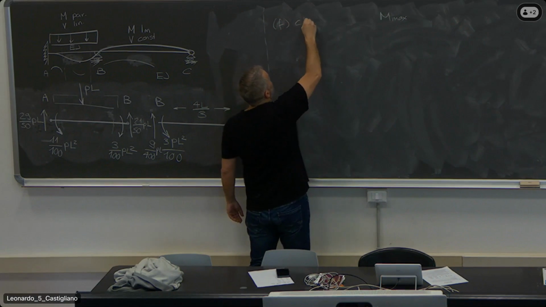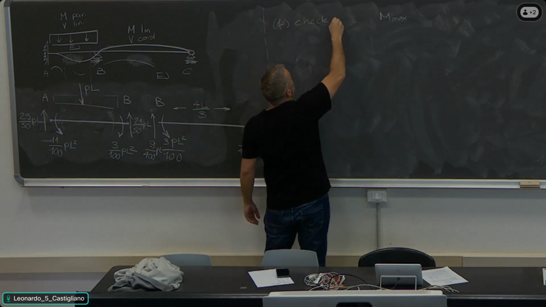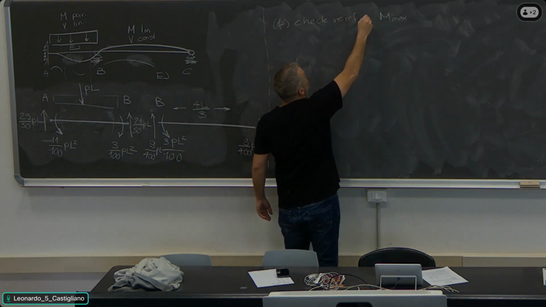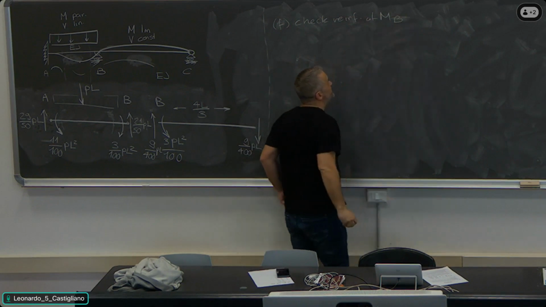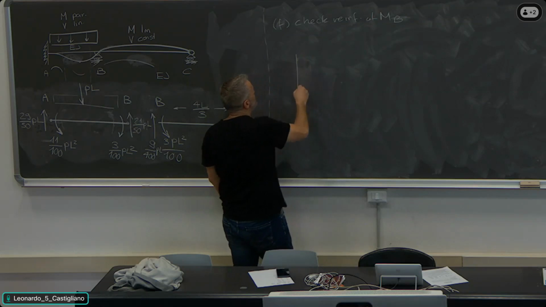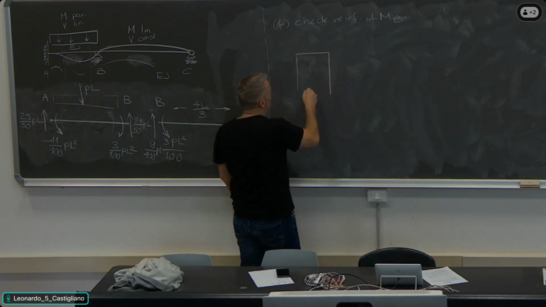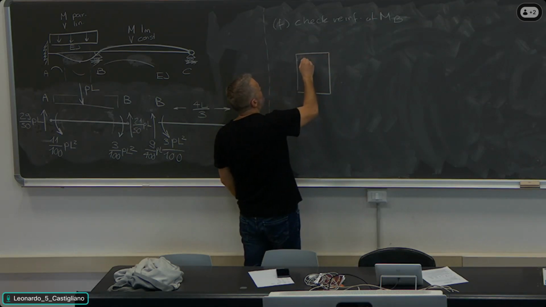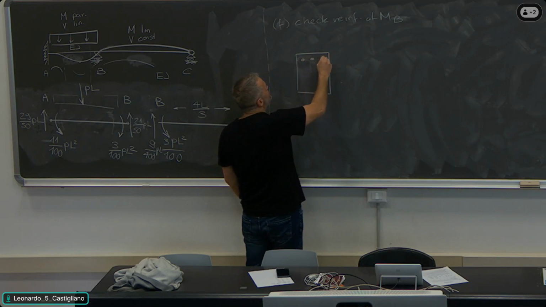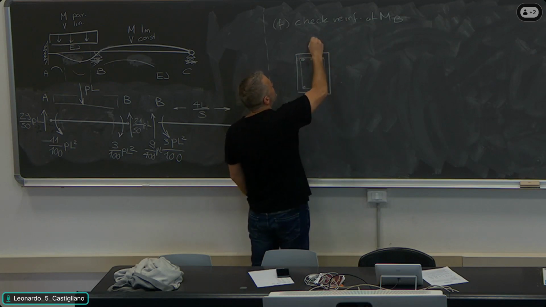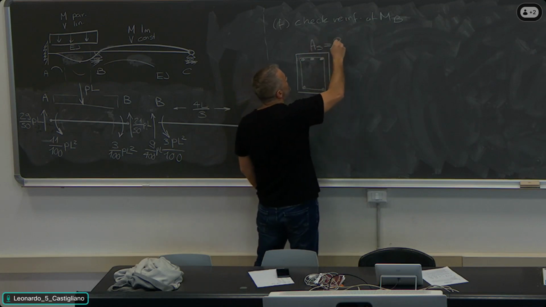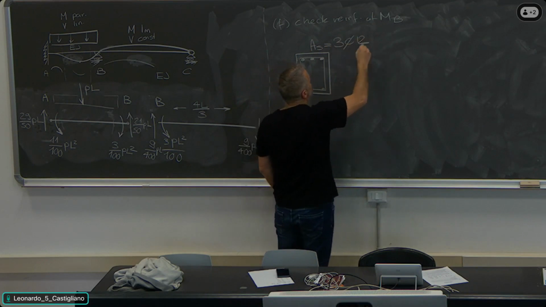F, check reinforcement at MB. Okay? Which means we know that at point B we have 3 12mm diameter rebars. We will also have stirrups. We'll have this. So this area here, AS, we know it's 3 phi 12.